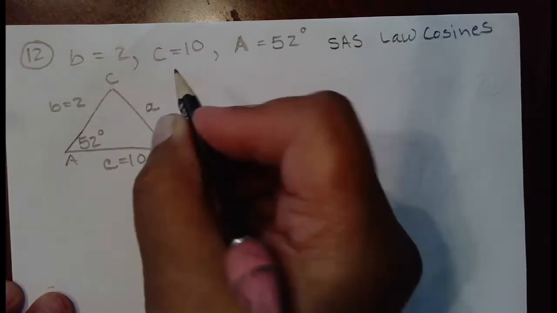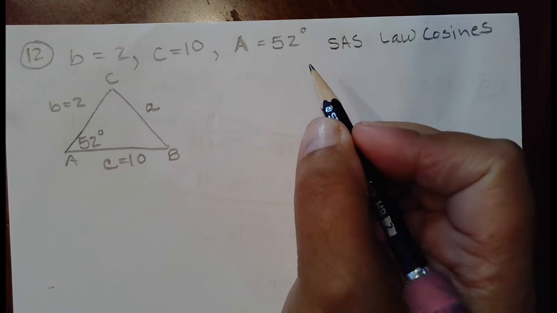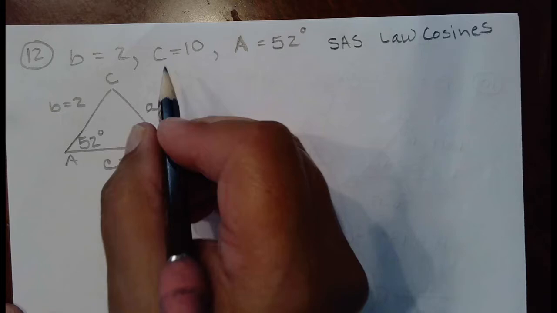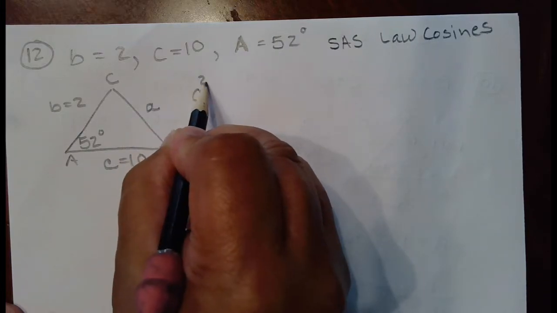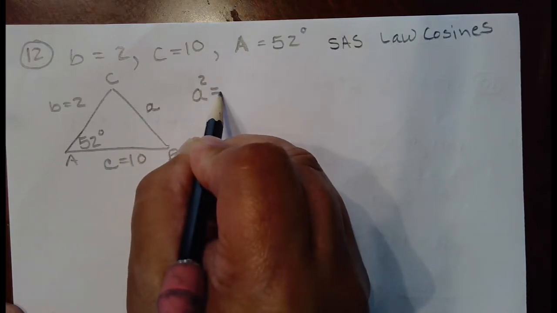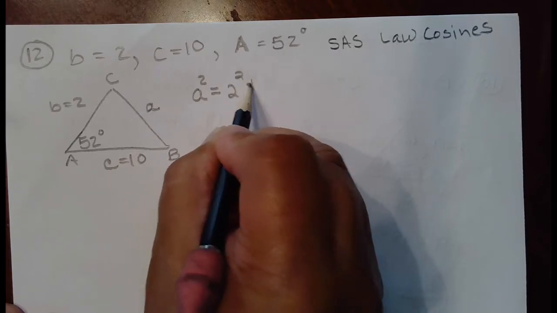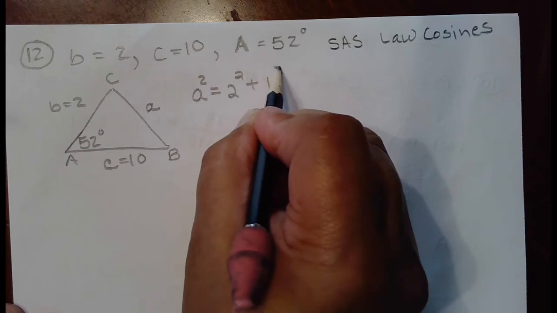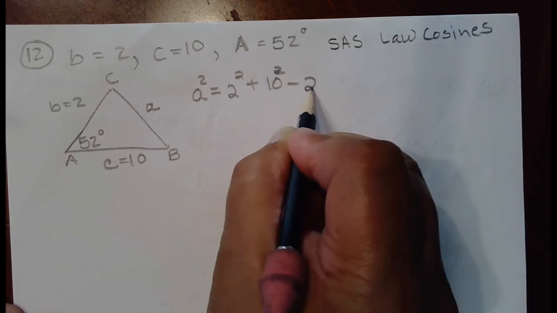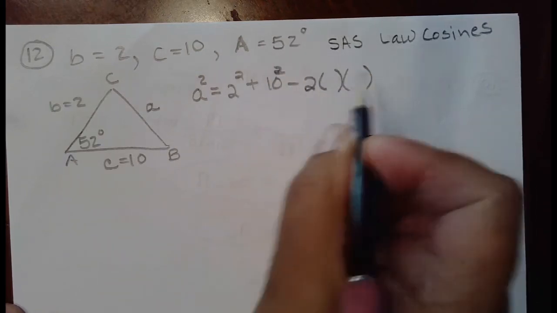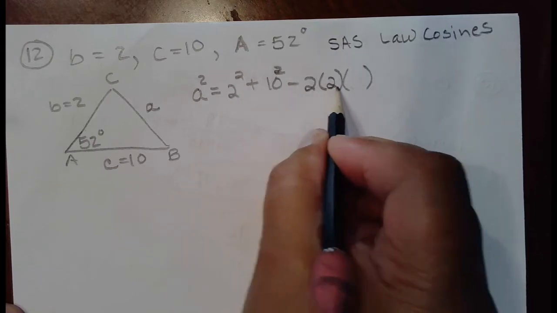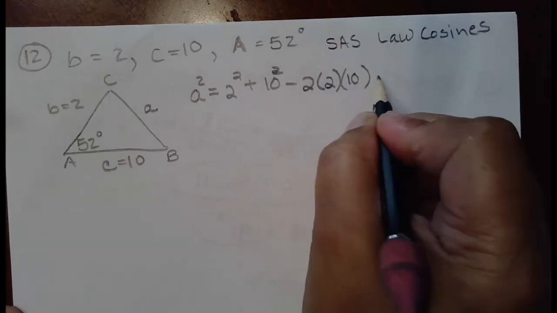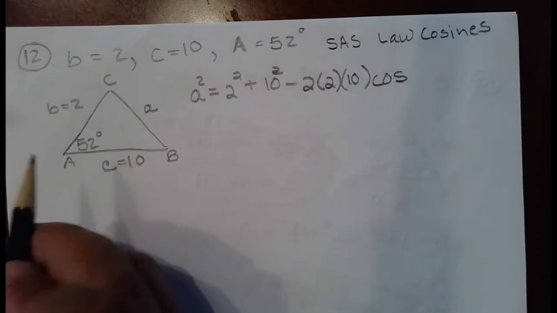And then that theorem goes on to go minus 2 times these two sides, the 2 and the 10, but in their linear form, not their quadratic form, times the cosine of the angle that's across from this side that we're looking for, which is 52 degrees. Okay, so only one unknown here. Everything on the right side is just pure numbers. So we can put all of that into the calculator all at one time.